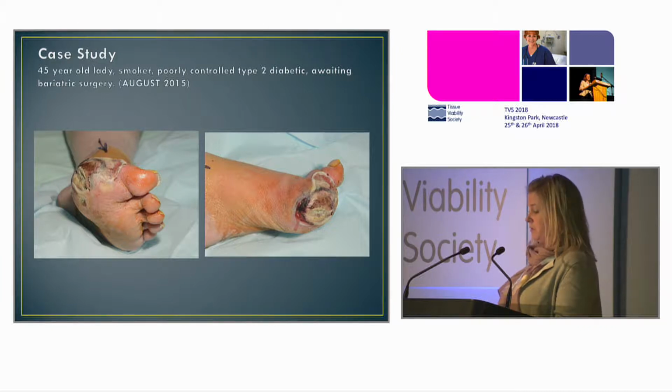So you can imagine she was very distressed. She went to theatre and she had a great toe amputated, and she had most of the infected tissue debrided, and she was put on IV antibiotics via a PICC line.